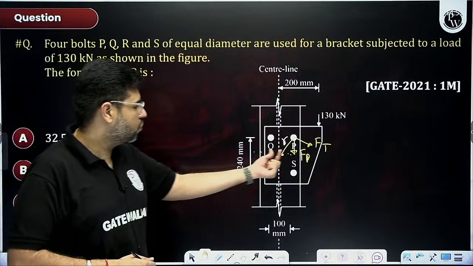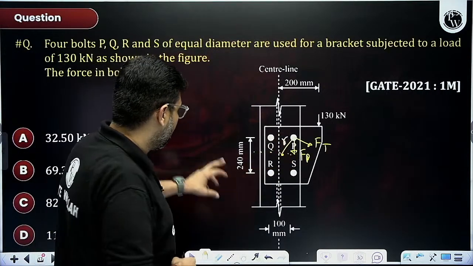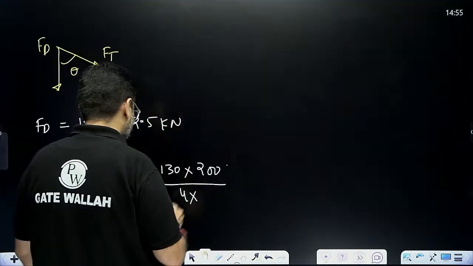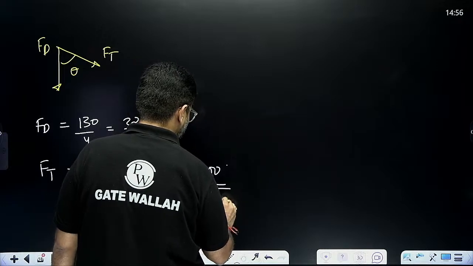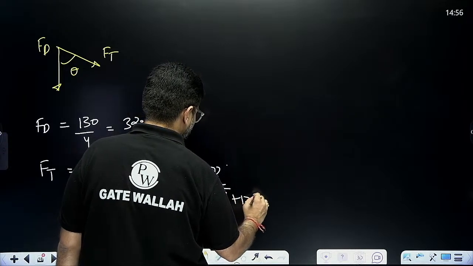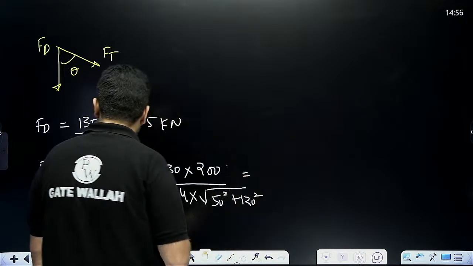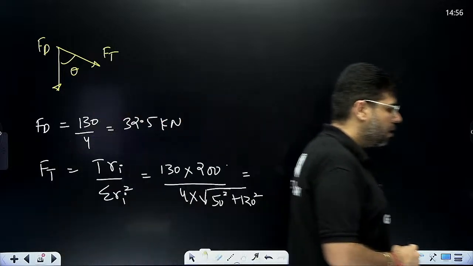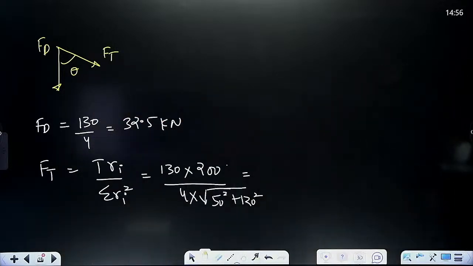This is square root of 50 square plus 120 square. This is R here. How much FT are you getting? Tell me fast. Like this only you can calculate. So what is the FT you are getting here? That is 50 kilonewton.